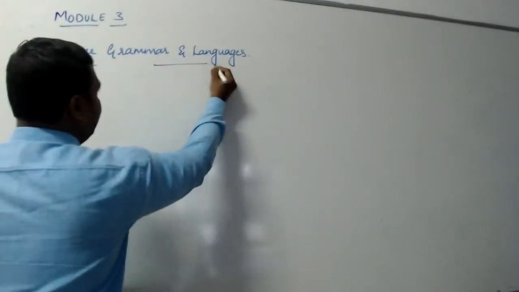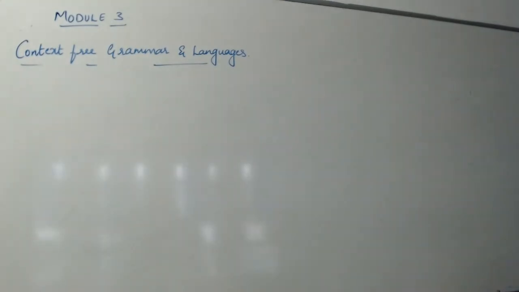In the previous module, we have seen what is a grammar and the types of grammar. During our study of the types of grammar, we have seen what a context-free grammar is.